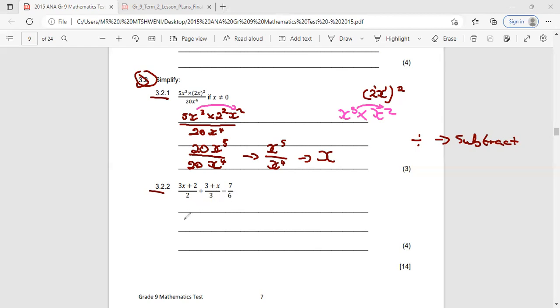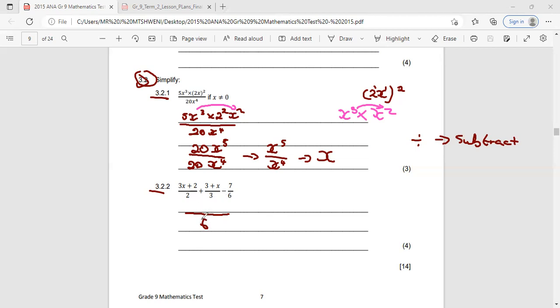So we'll take 6 as our common denominator.